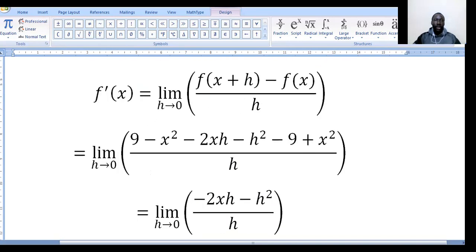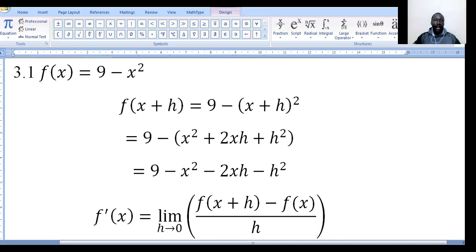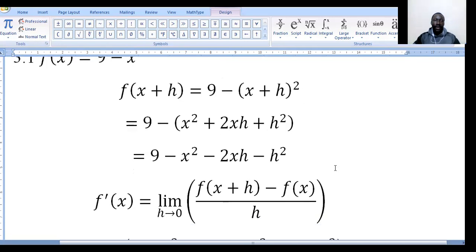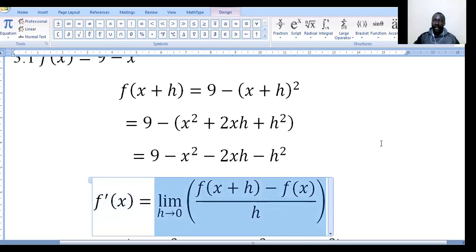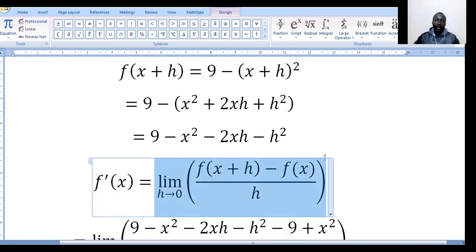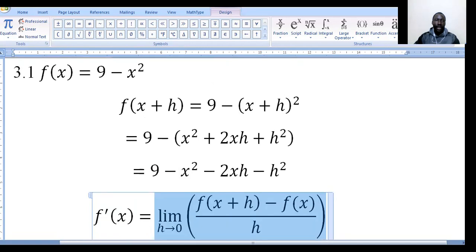You just need to make sure you have the formula correctly written. Now, after getting the formula correctly written, as indicated here, the thing you want to find out is if you have the value of f of x, which most times is given in the question, as here, 9 minus x squared.